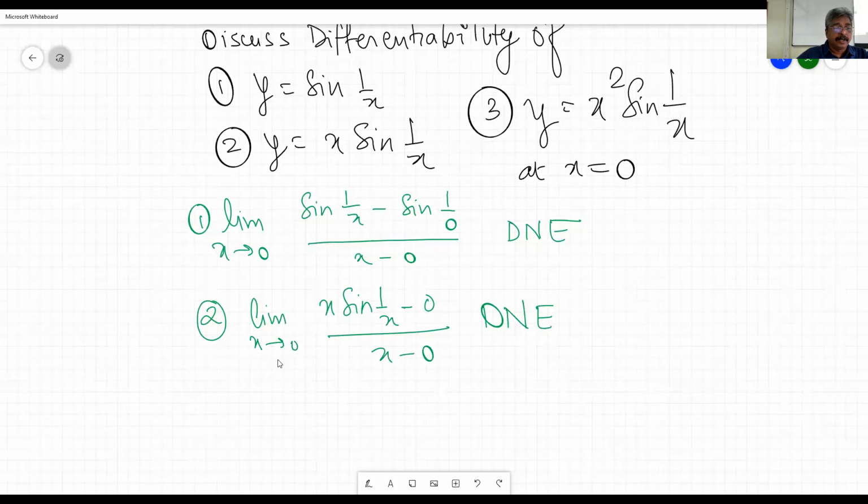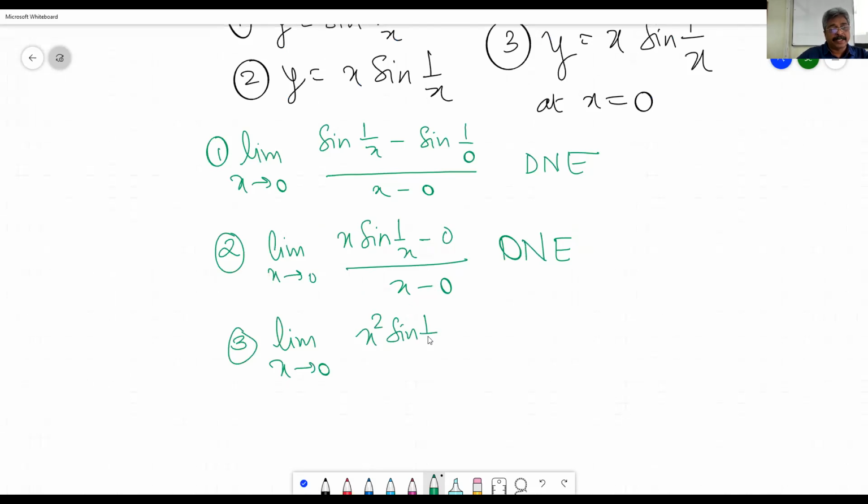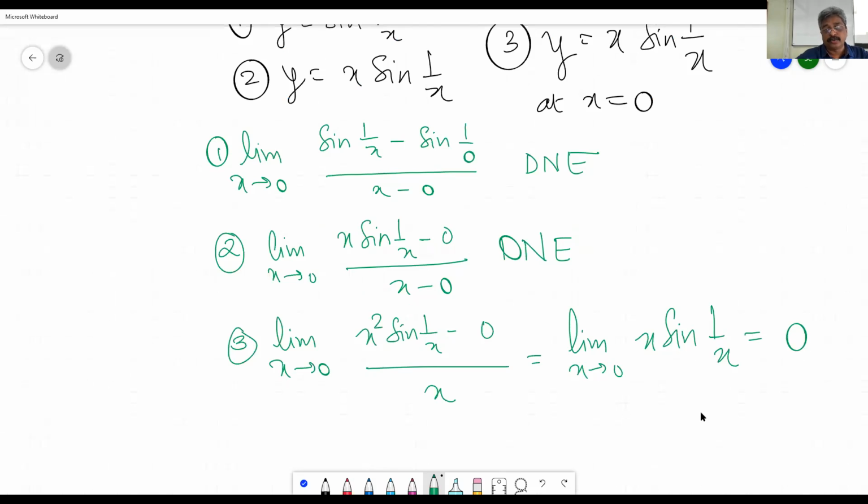Limit as x tends to 0, x square sine 1 upon x minus 0 upon x, which is equal to limit x tends to 0, x sine 1 upon x. And this exists and is equal to 0. We have proved it just now.